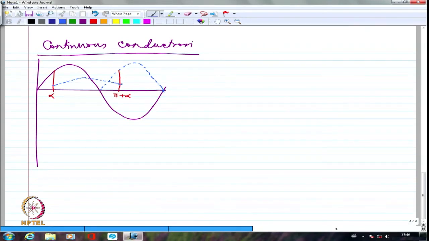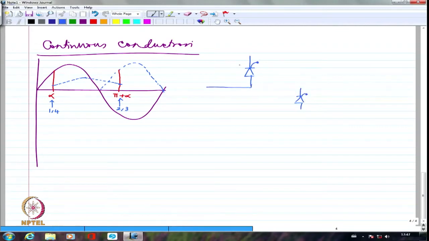At this point, again, I am firing the next two devices. So at this point, I am firing 1 and 4, whereas at this point, I am firing 2 and 3. So when I fire 2 and 3, let me again draw the circuit. This is 1, this is 4.